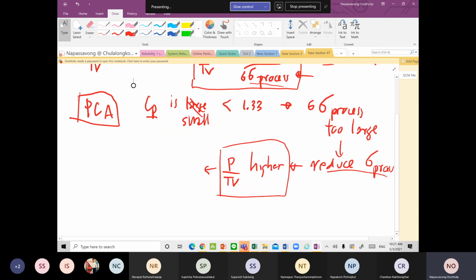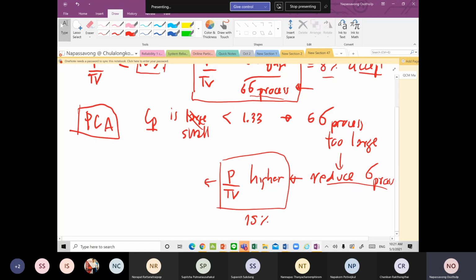Suppose now it becomes, for example, 15%. So if this number changes your decision regarding the performance of the precision of the measurement system.